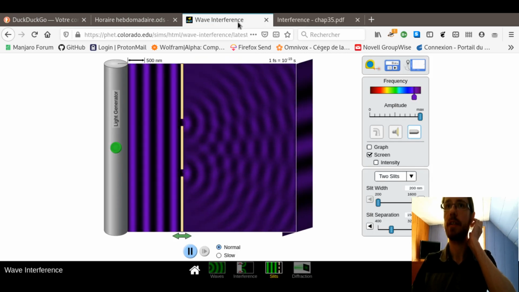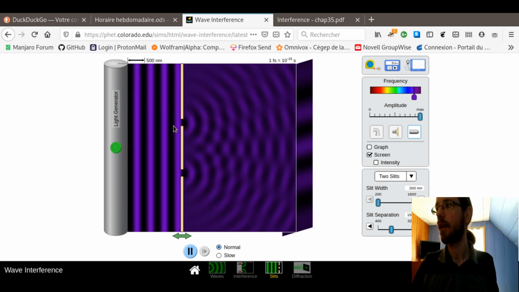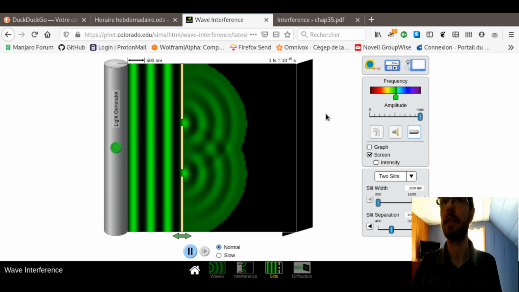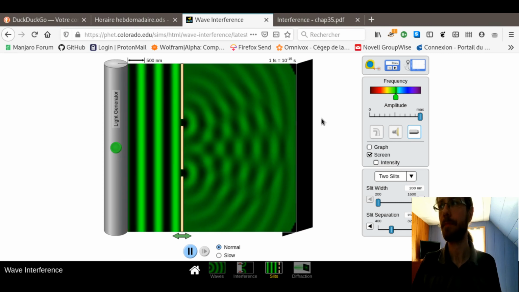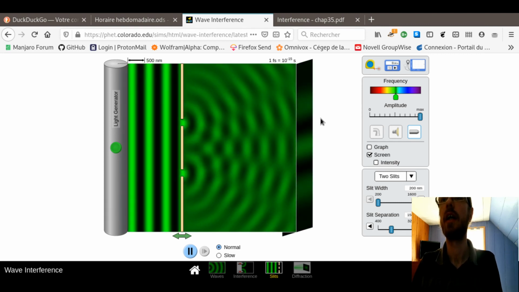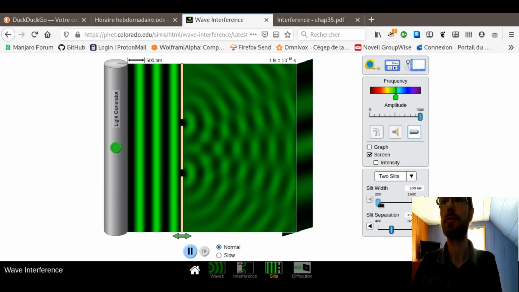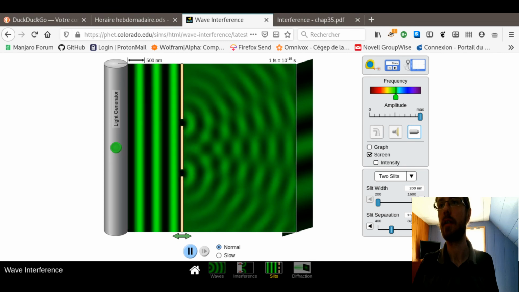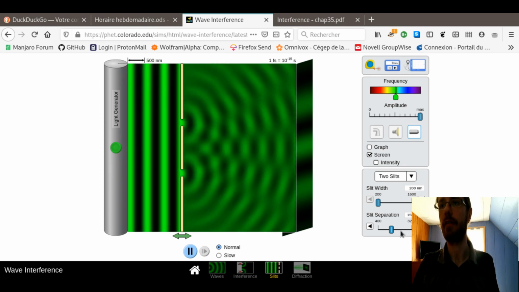This will also change depending on the distance between the two slits. I'll go to green since it is very visible. And I'll change the distance between the two slits. Here I put it to be 1,500 nanometers.